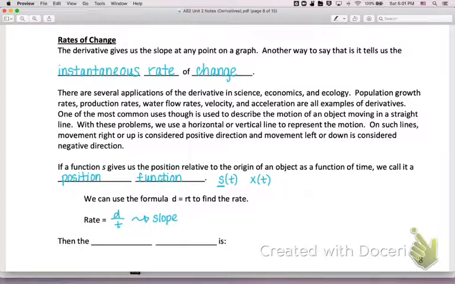Okay, for the position function, the X is going to be time, the Y is going to be the position, the distance. And so the slope, rise over run, is always going to be the rate, okay? So if we know that that's true, then the velocity function is going to be the derivative of the position function.